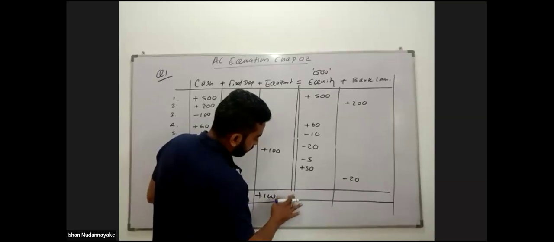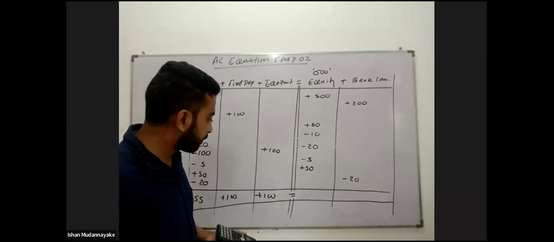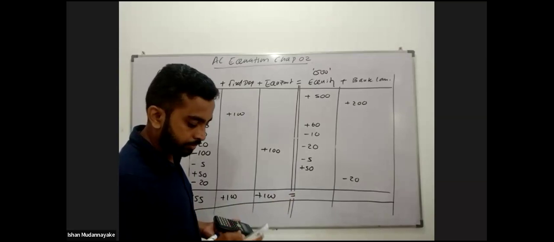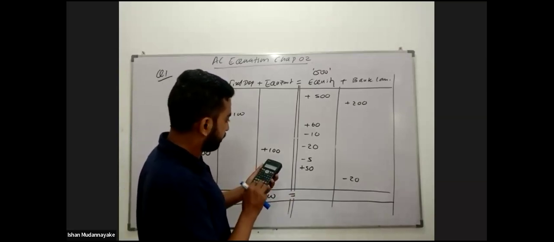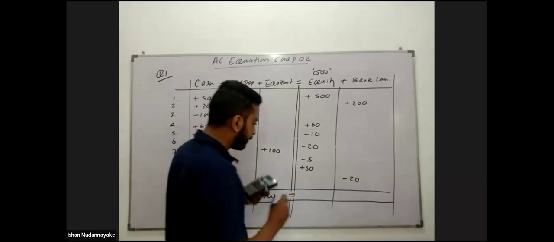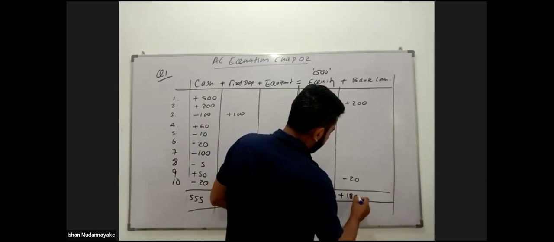Equal to, I record here, equity. Equity 575, then equity 570 plus 180.